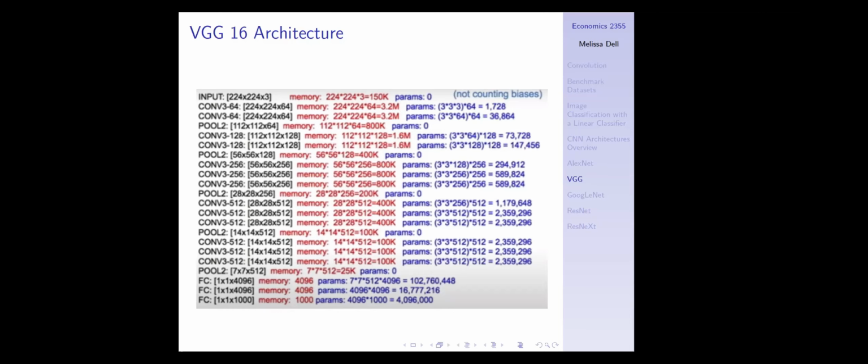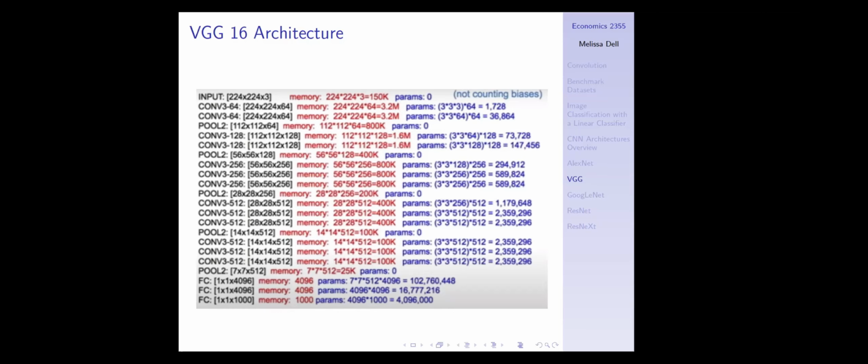If you add this all up, it's really a lot of parameters. You see that fully connected layer towards the bottom, it has 102 million, like 760,000 plus parameters. So the fully connected layers just dominate in terms of the number of parameters that are required.